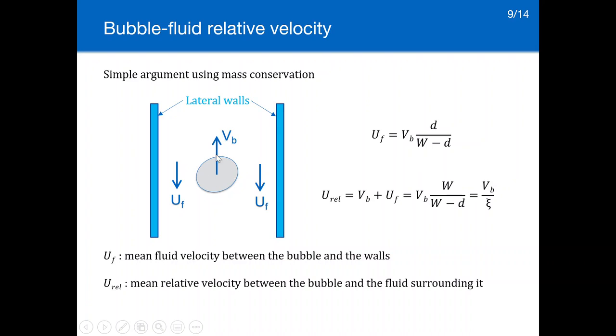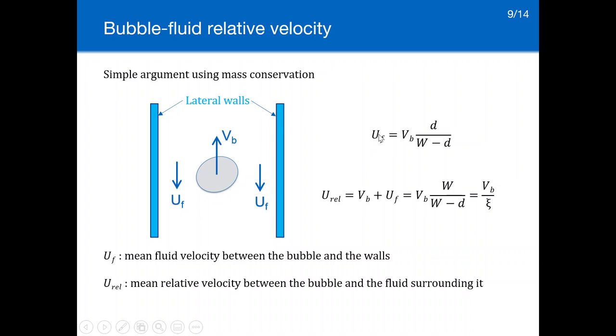When the bubble rises with a mean velocity v sub b, the flow around it must have a downward net velocity u sub f in order to satisfy mass conservation in the cell.